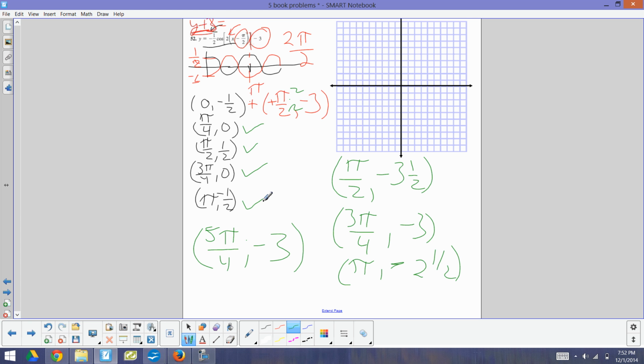And pi plus pi over 2, you can think of pi as 2 pi over 2 plus another pi over 2, gives you 3 pi over 2. Negative 3 minus a half is negative 3 and 1/2.